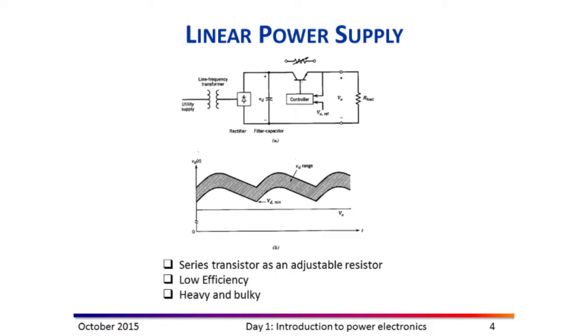If I'm trying to use this circuit linearly, I will send here, assuming a BJT, definitely a gain or a current that can make the voltage here 5 volt. So I have to keep a current signal like this. If you look here, I will have 10 volt, and I have here 5 volt. According to the KVL, I will have between this point and this point a 5 volt drop.